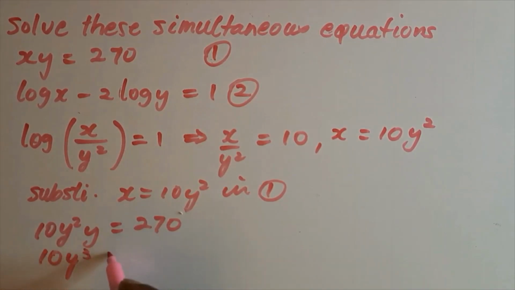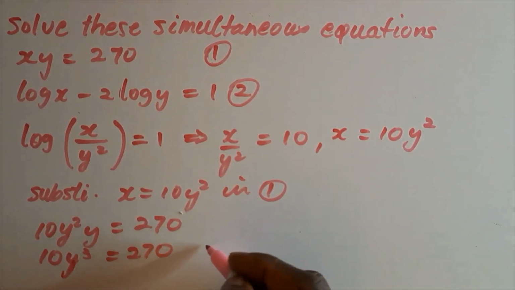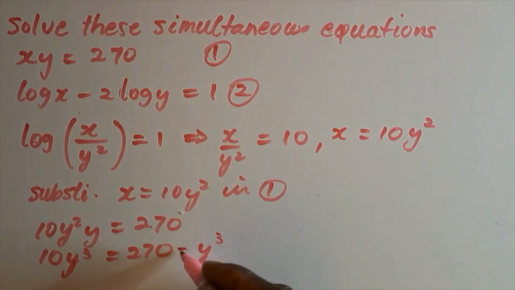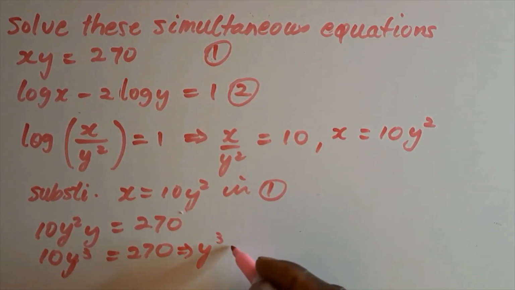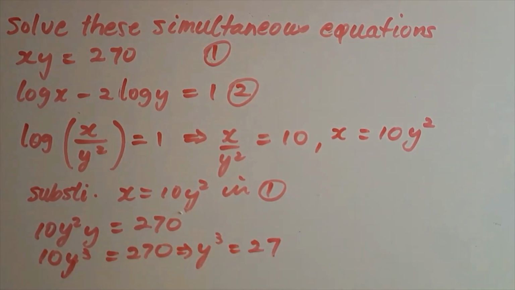10y cubed equals 270, so y cubed is equal to 27, which means that y is equal to 3.